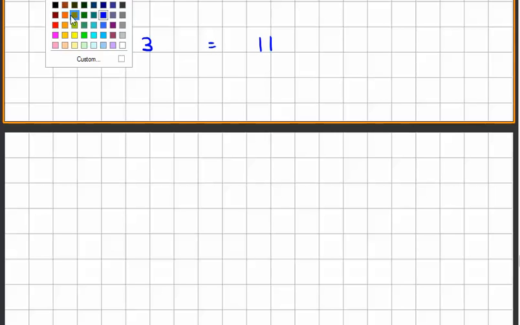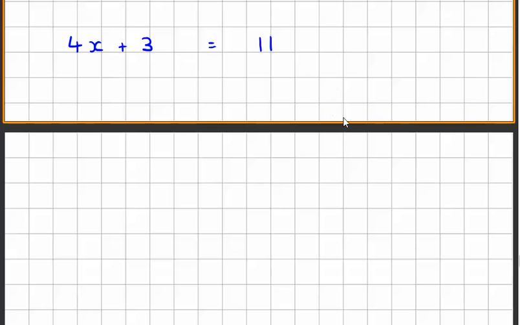So let's go back to that one we had first off, which was 4x plus 3 equals 11 now. Last one I'm going to do with you. First thing we have to do, Giselle? Well, that's what we're trying to find, so how do we find it? What's the first thing we do? We have to do minus. Correct, minus, but minus what?